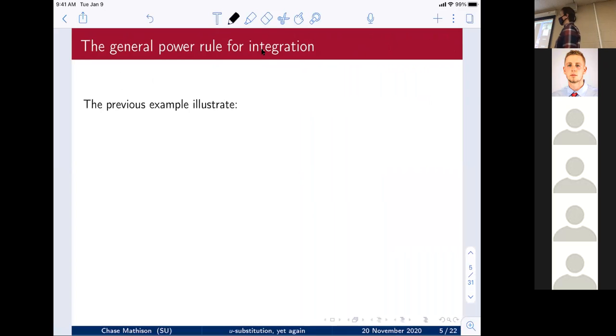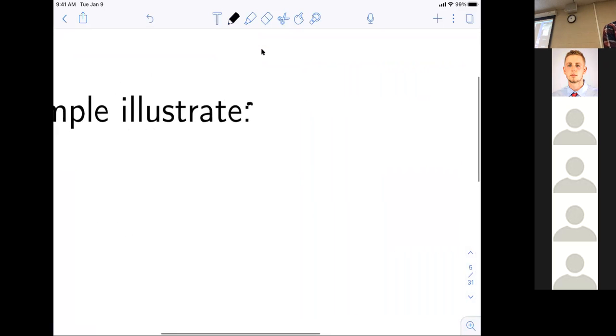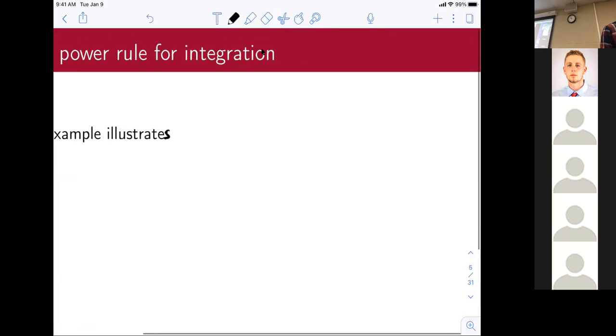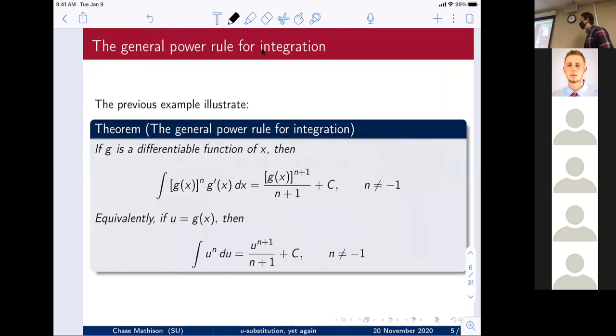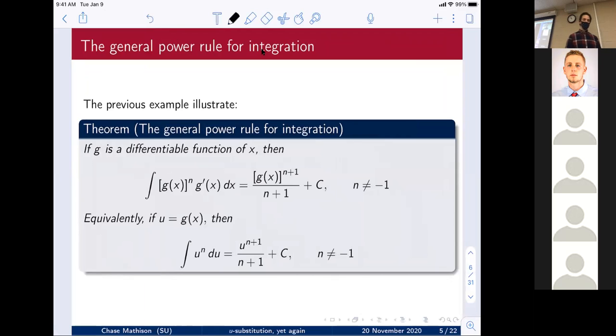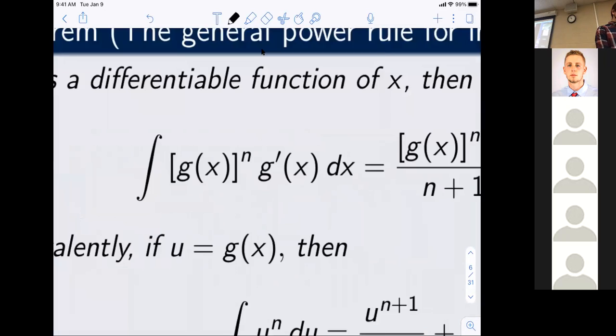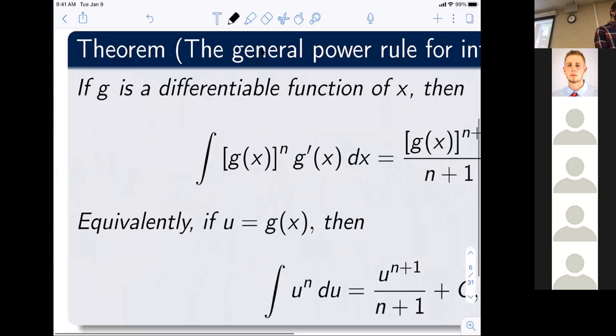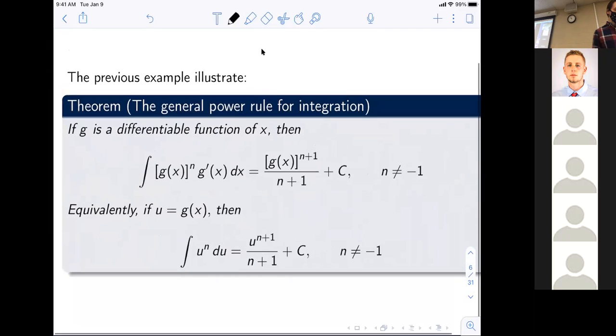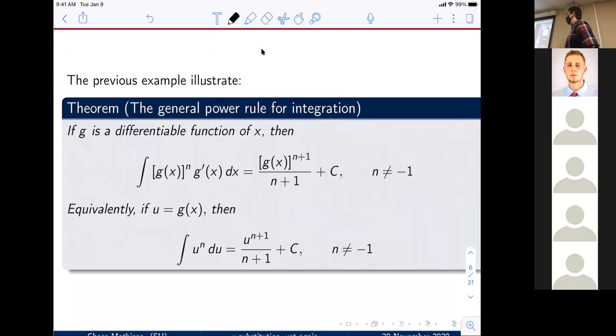So the previous example illustrates the general power rule for integration. If g is a differentiable function of x, then the integral of g to the n times g prime with respect to x is g to the n plus 1 over n plus 1 plus c, as long as n isn't equal to minus 1.